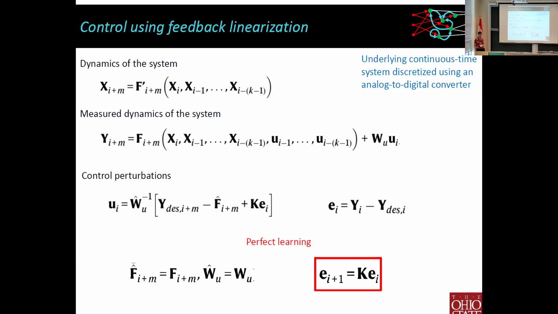So K is just a gain matrix. So that's what this feedback linearization does for you. You put essentially the learned dynamics into your control perturbation and it tries to counteract whatever the system is naturally going to do. So you've turned it into, as far as this system is concerned, completely neutral, and it's totally under your control by designing that gain matrix to be able to stabilize the system.